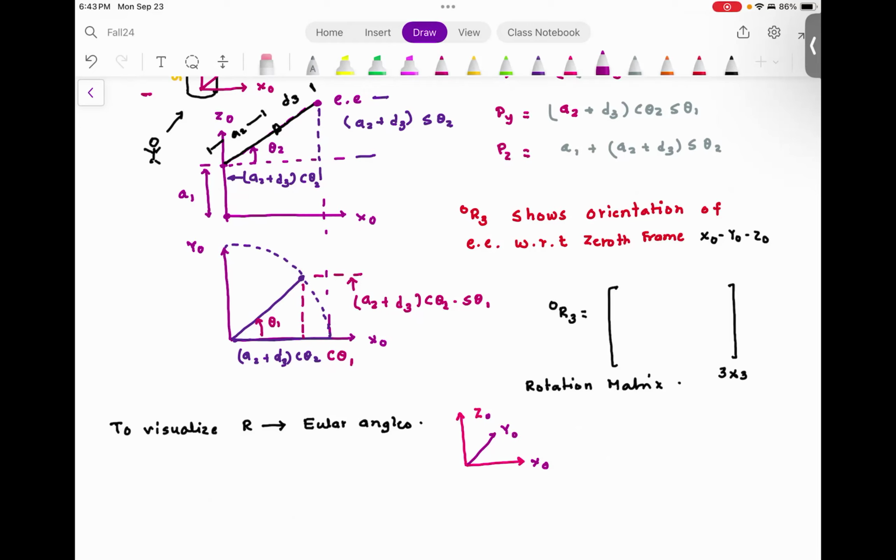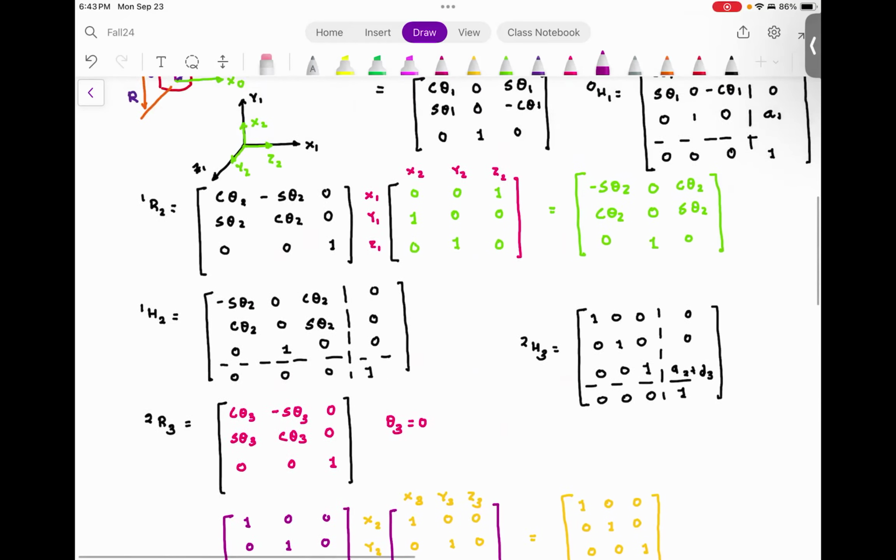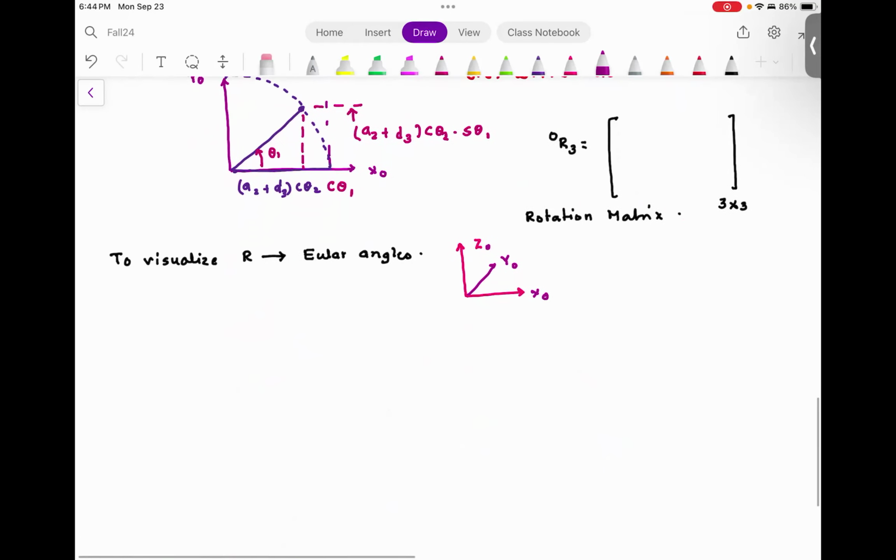Now, this requires a little bit more discussion. Let's see. I will explain it to you in pure math. Euler rotations are not commutative.